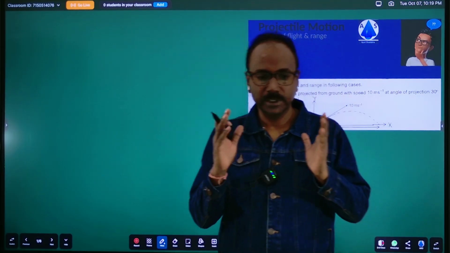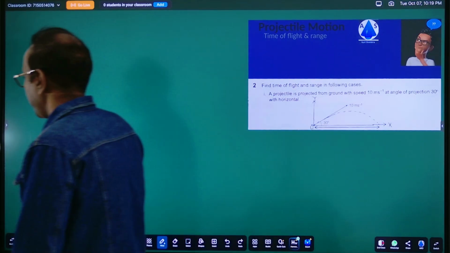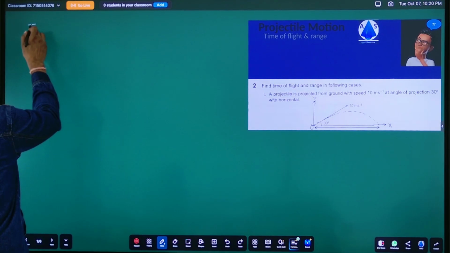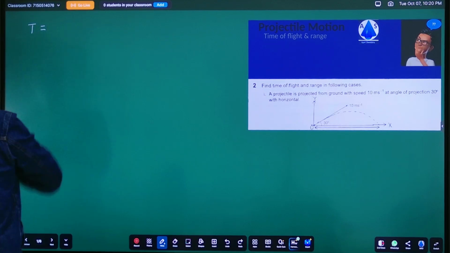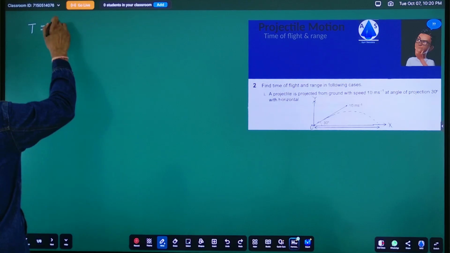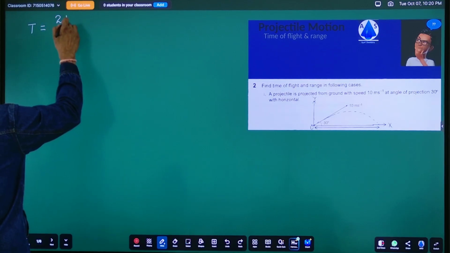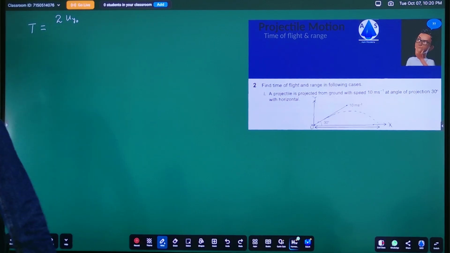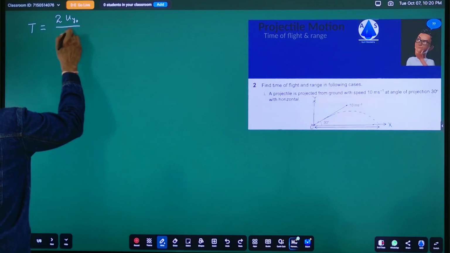During that period, the time taken is your time of flight, and we write the formula for that as 2 into initial velocity in the y direction divided by g.